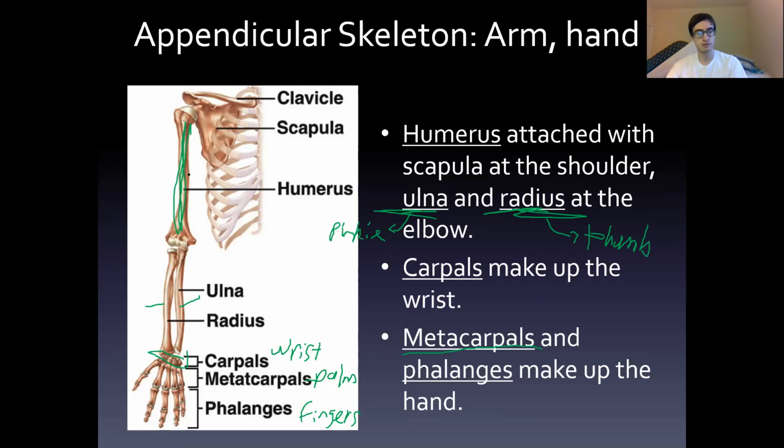Obviously that's the same for both sides of your body, both arms, but also remember this one bone, two bone, little bone structure, because we actually find the same thing in our legs. So let's go there, Matt. But remember, one bone, two bone, little bones.